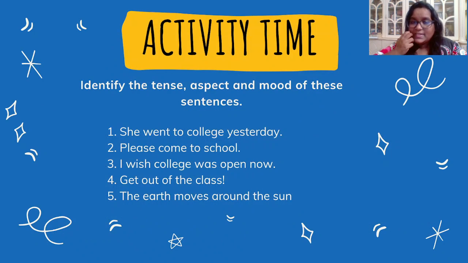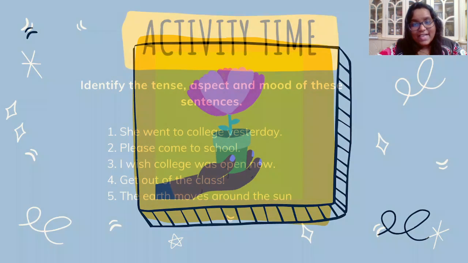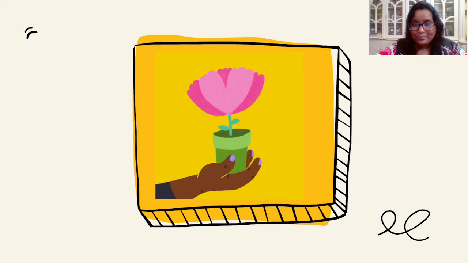And now let's come to an activity. I have 5 sentences here in the video. You have to pause and identify the tense, aspect, and mood of these sentences. Write it down in your notebook, and I hope that this lesson was beneficial for you.